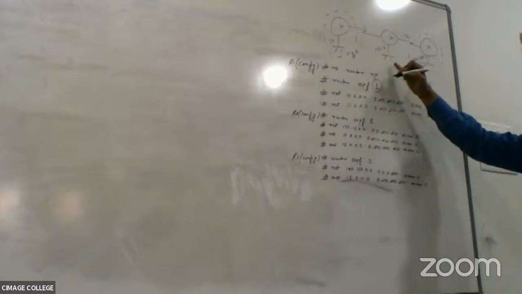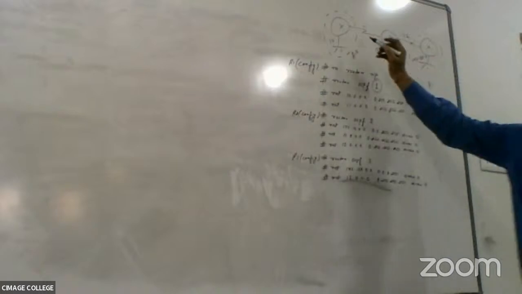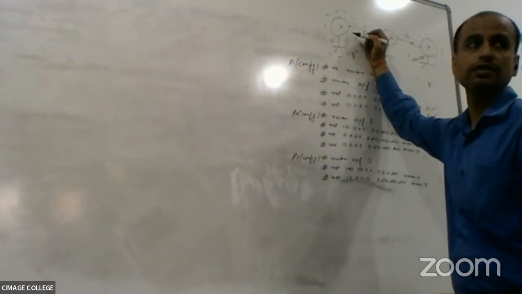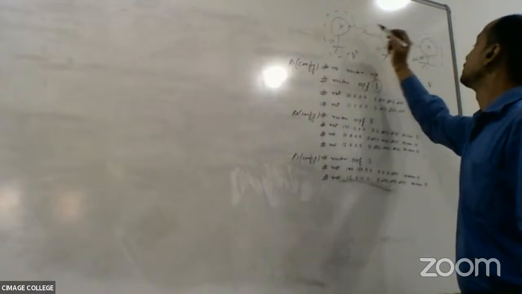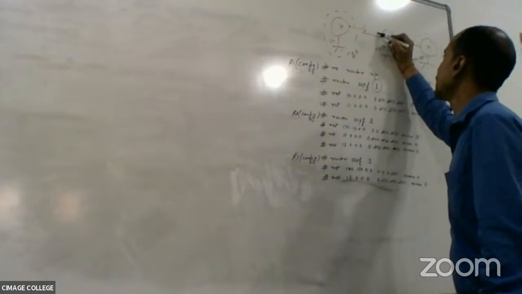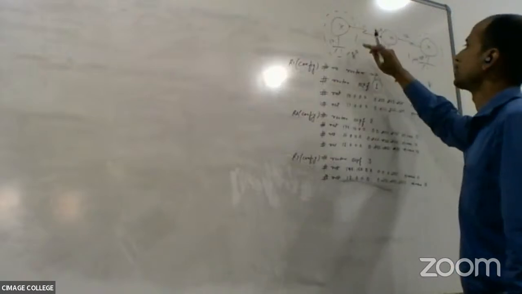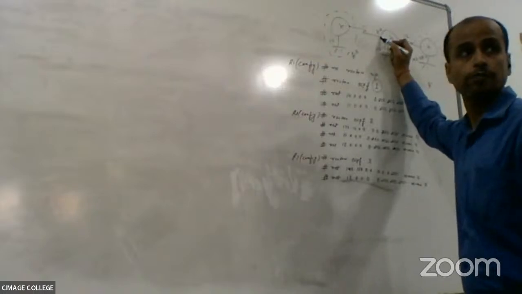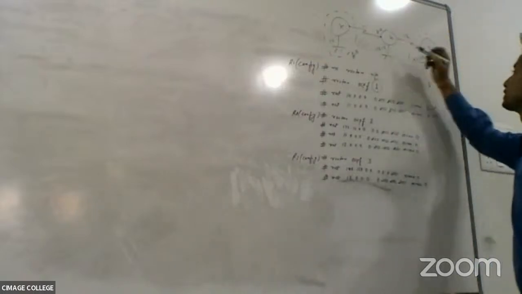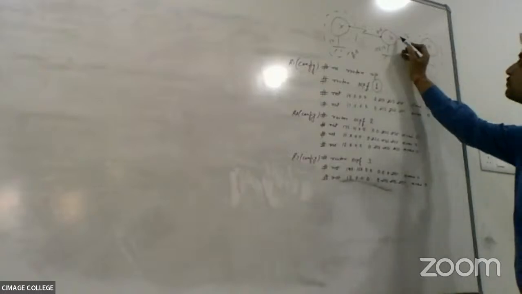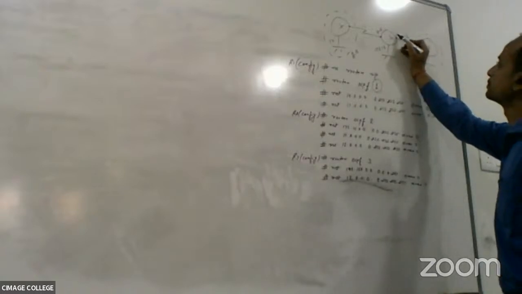Now, at router 2, if you have chosen area 1 for this interface, then this interface should also be in area 0, because here it is area 0, that's why it will be in area 0. And this one is in area 1, that's why it will be in area 1. Fine.